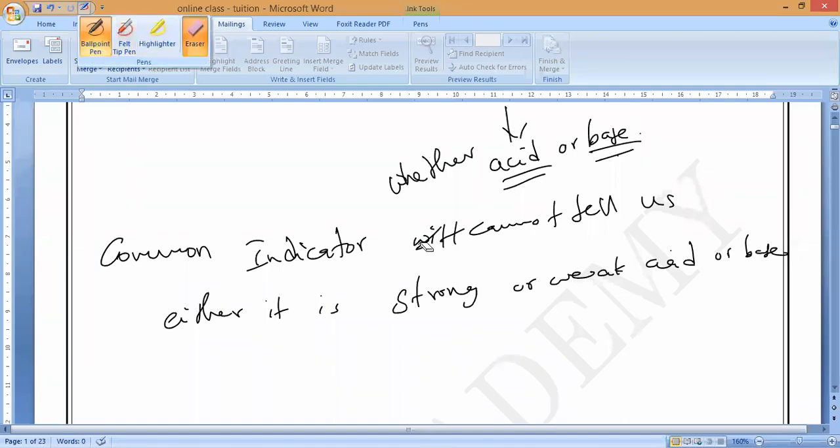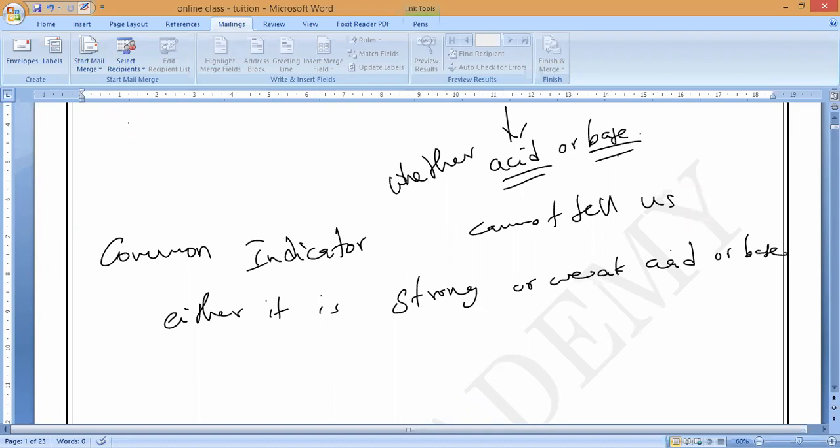That is the reason we need another kind of indicator which, along with telling whether it is an acid or base, can also tell us the strength of the acid and the strength of the base. The common indicators cannot tell us the relative strength of acids and bases.